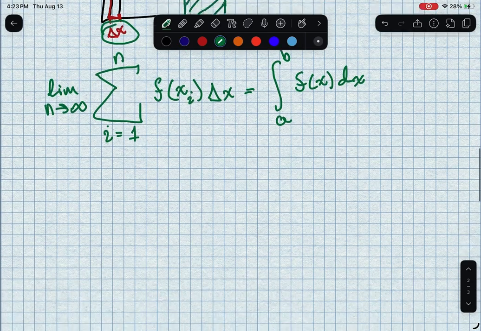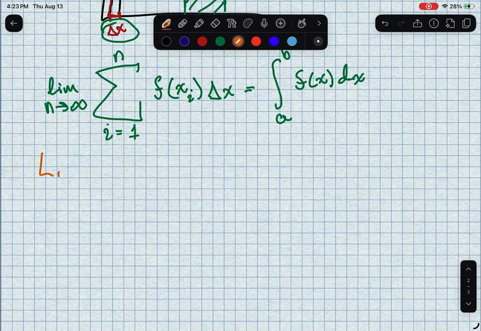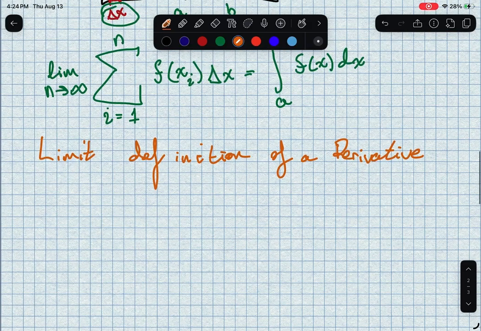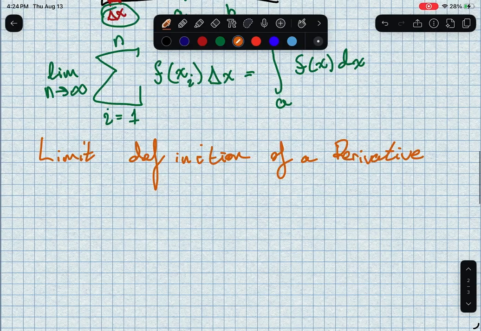Now let's go over the limit definition of a derivative. The reason I did the integral first, even though normally in a calculus course you will always go over the limit definition of a derivative first, is to get you familiar with the concept of dx.